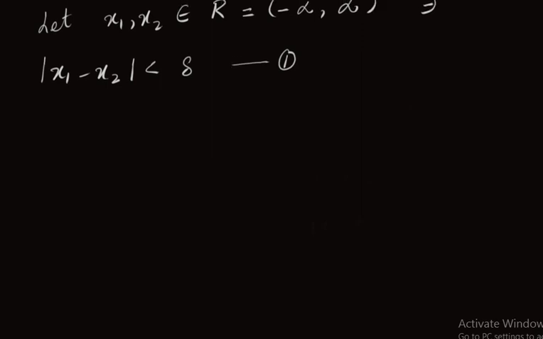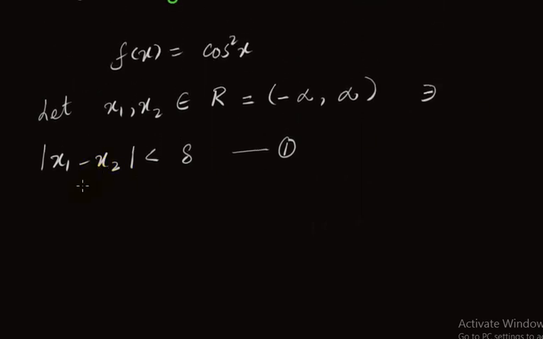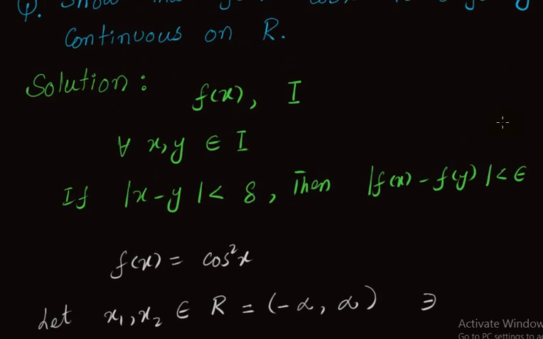Now in each question we start like this. First we take mod of x1 minus x2 less than delta. Now we try to establish a relation between delta and epsilon. For this we take the modulus value of f of x1 minus f of x2, which should be less than epsilon.